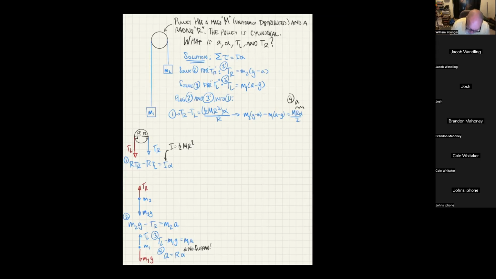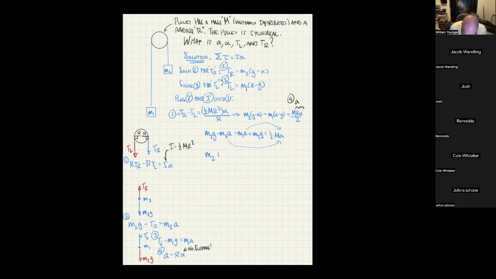So now I can write this as M2G minus M2A minus M1A plus M1G is equal to 1/2 M times A. So I can pull all of the A's over to this side. And what I'm going to get is M2 plus M1, sorry about that.